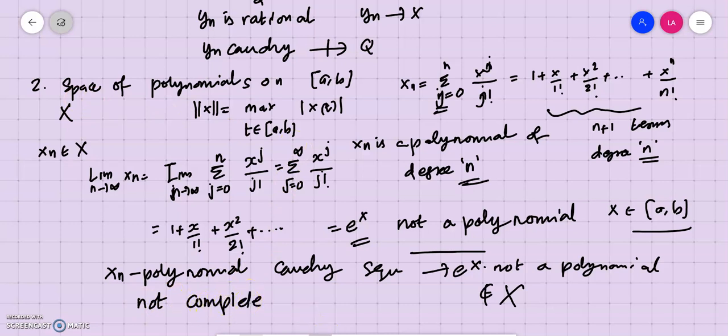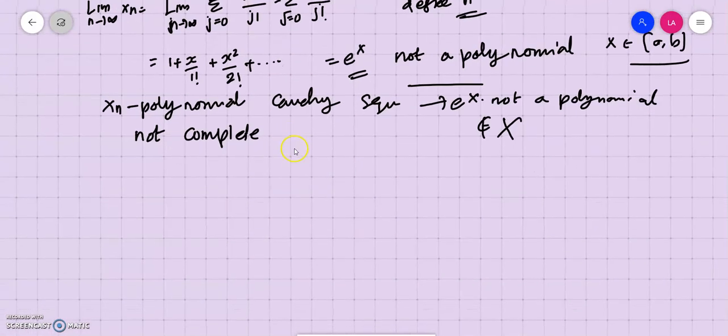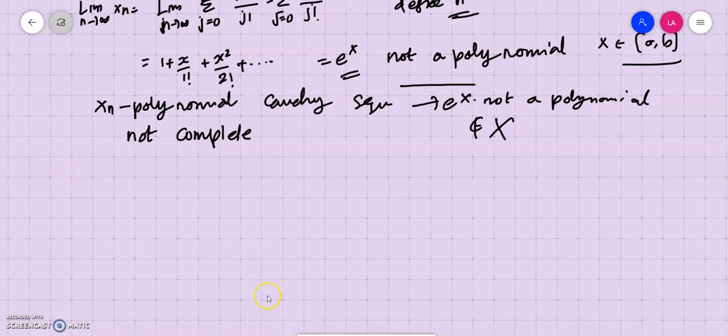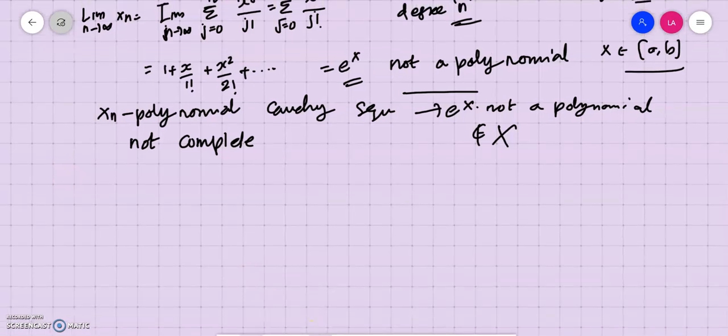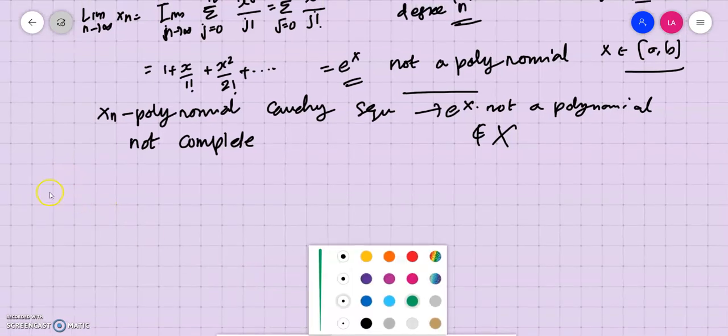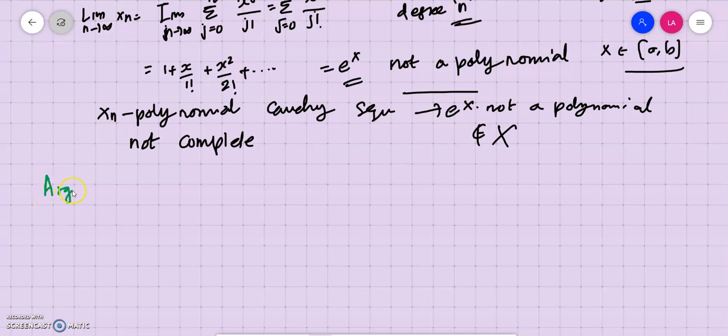You can use several other arguments for the same purpose. Another argument, which I think is an interesting one, uses a theorem called the Weierstrass approximation theorem.